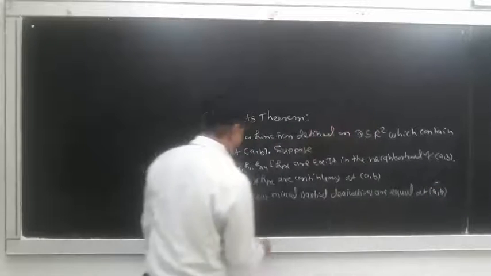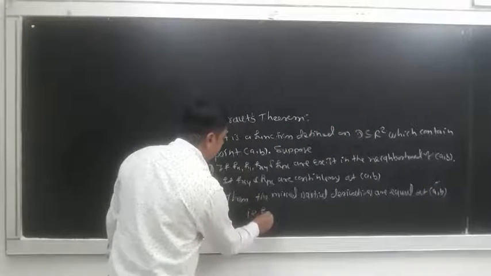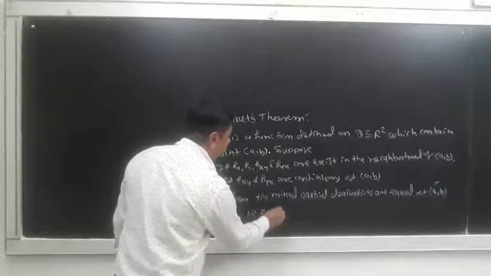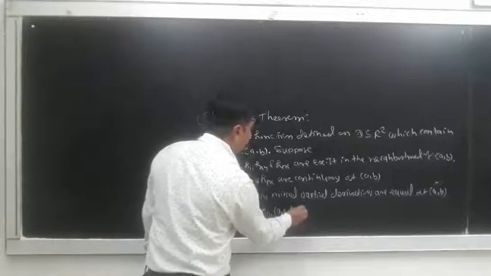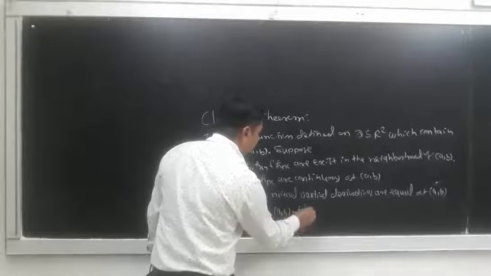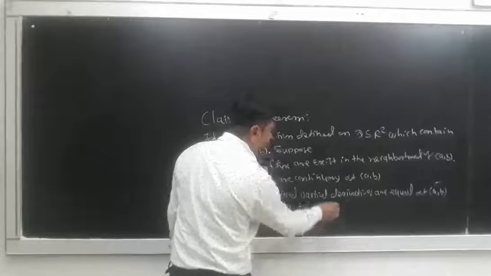That is what we can write: fxy at (a, b) is equal to fyx at (a, b).